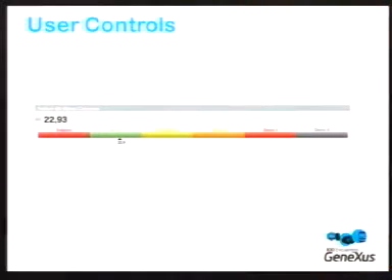Another business user control that I use: I wanted to show the body mass index and also indicate whether the figure is normal or not. This is typical of any medical value, as in cholesterol, for instance.